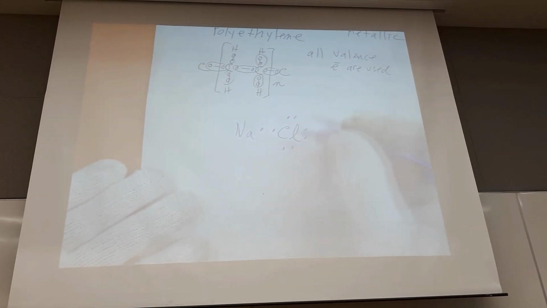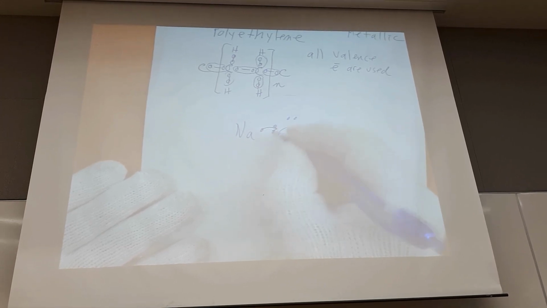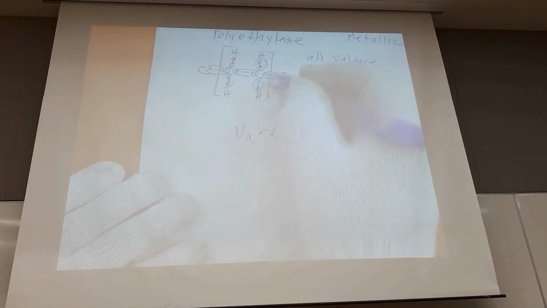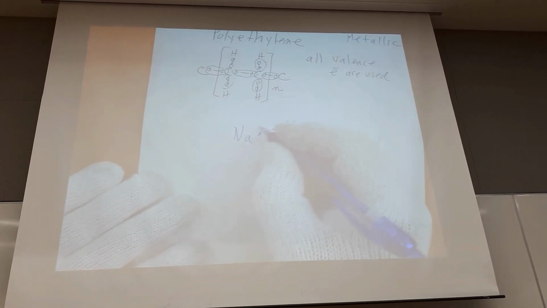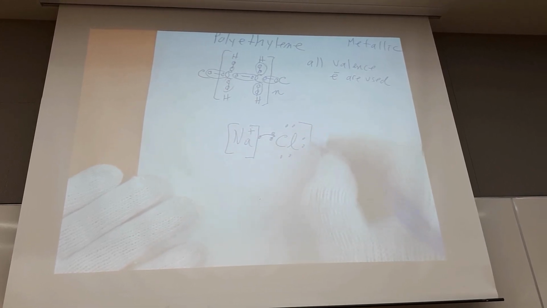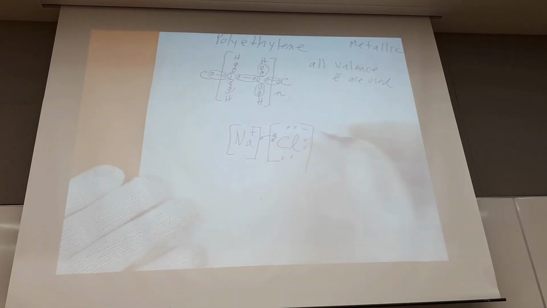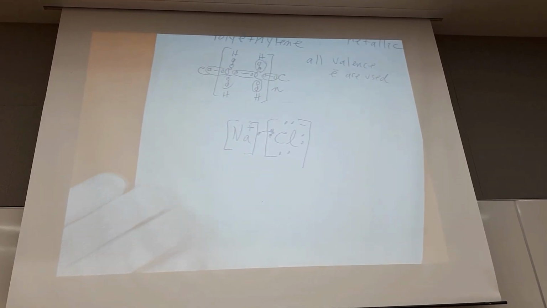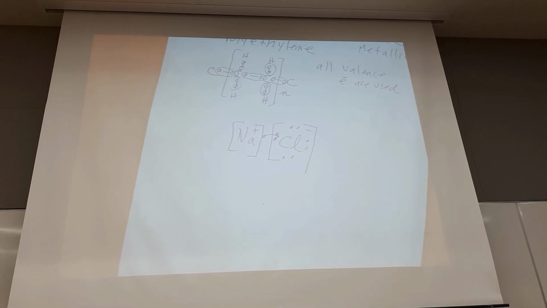Being highly electronegative, it'll pull that electron over to here such that it makes an octet, just like these ones here are all octets if you add them up, leaving sodium short 1 electron. As a result, sodium gets a plus charge. The chlorine, with an additional electron, is negatively charged. So these two will combine electrostatically. This is an ionic bond.